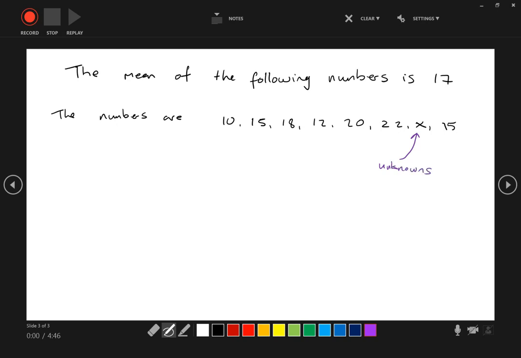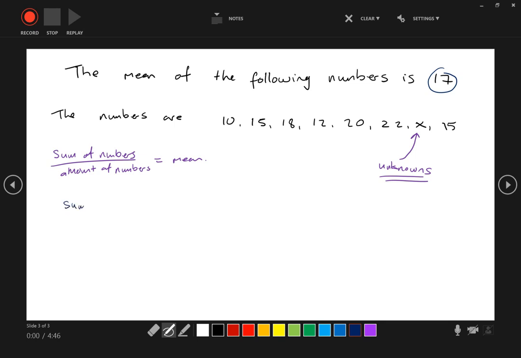And when we have unknowns, we've got to think about what we know. And I know that the mean is the sum of numbers divided by the amount of numbers is equal to the mean. Now in this case, I actually know that the mean is 17.